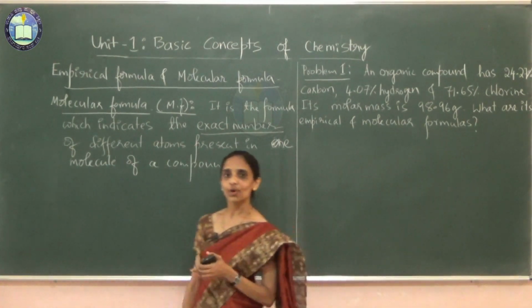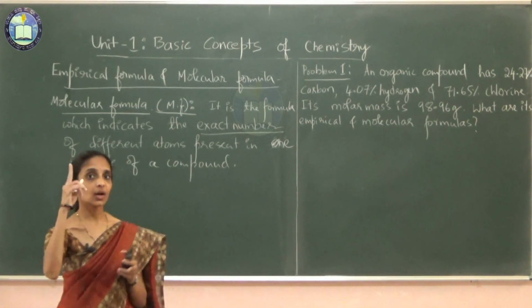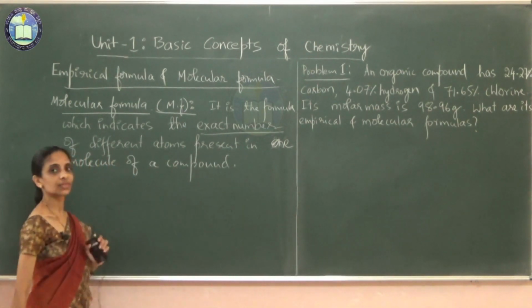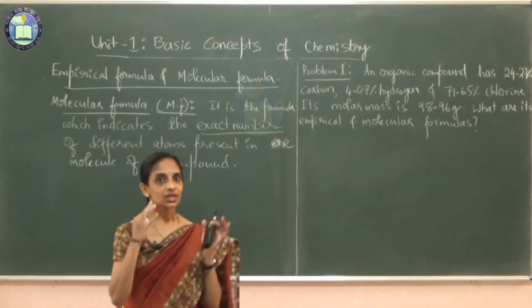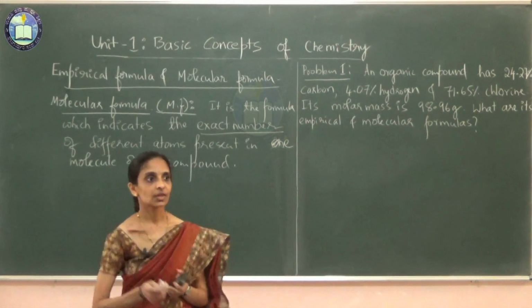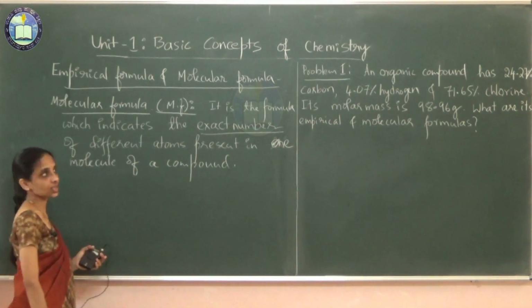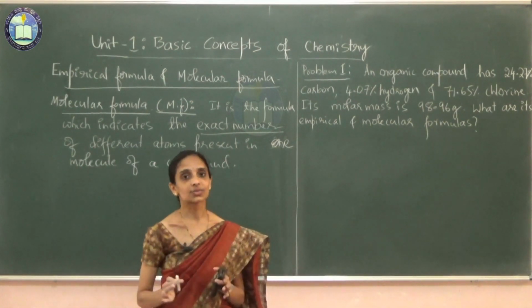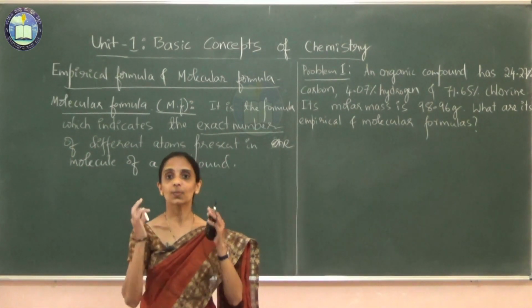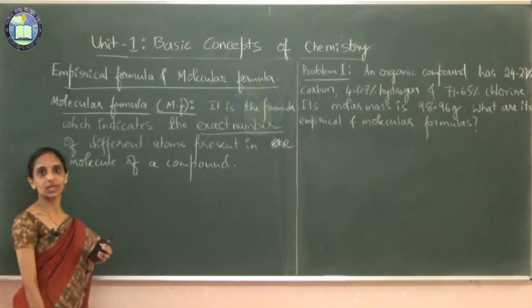You take a compound. How much of the compound will you take? You take one molecule of it. That molecule will have different atoms. So, the exact number of those different atoms is indicated by a particular formula, which is nothing but the molecular formula.